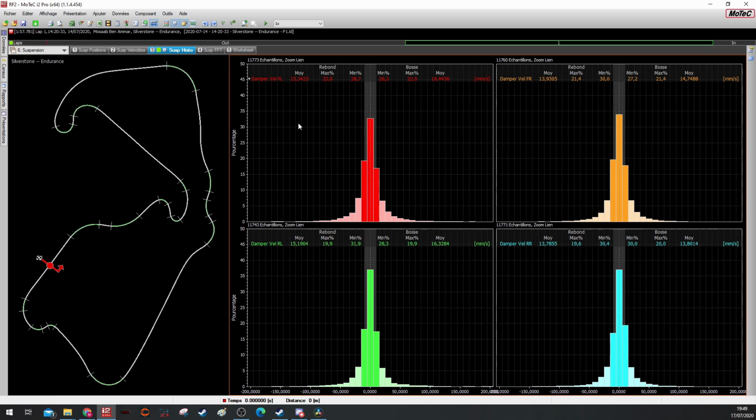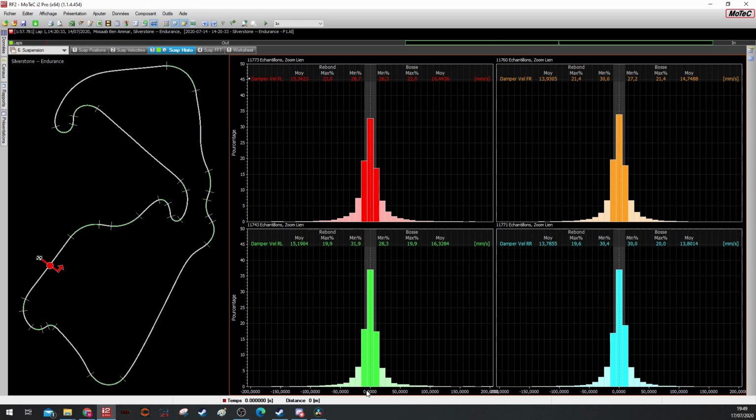When we focus on each graphic, we have the left side, which is about the rebound history or rebound frequency, and the right side is about the compression.